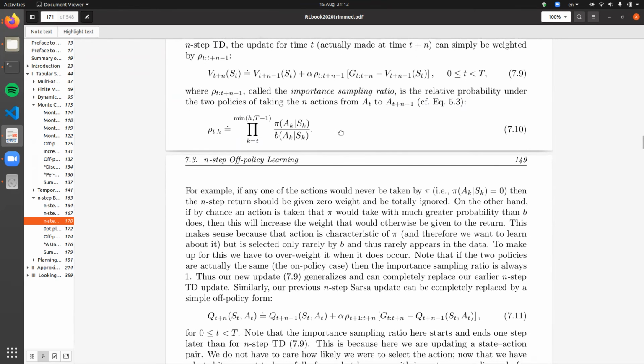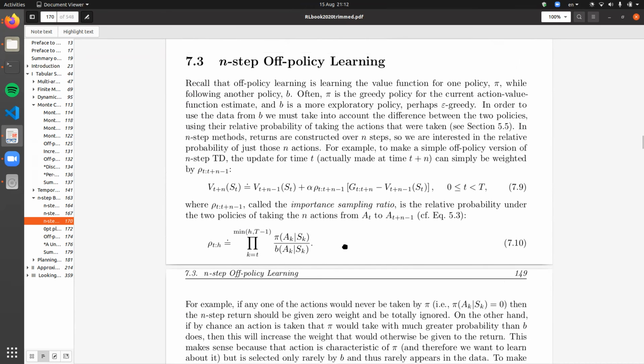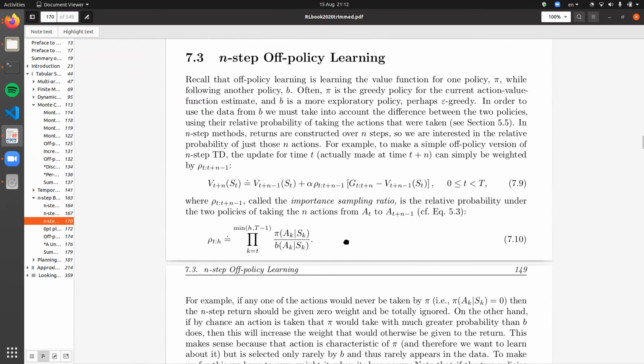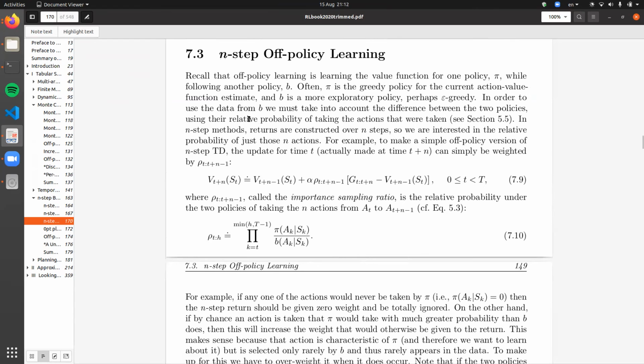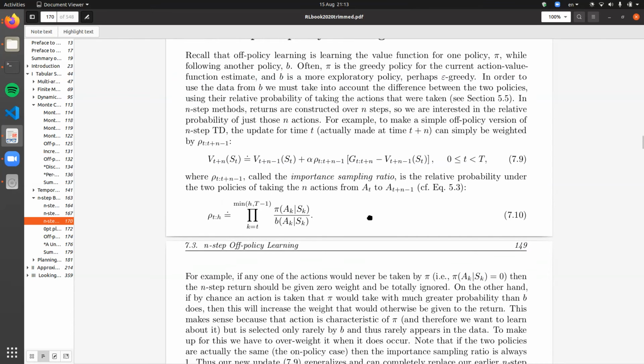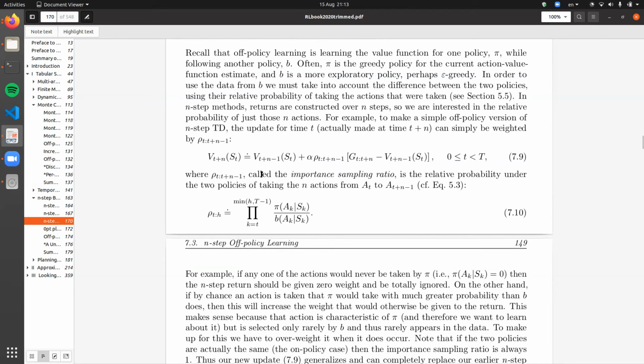And the way to do off-policy learning with this n-step bootstrapping is using importance sampling. You can remember importance sampling from the Monte Carlo chapter, I guess.